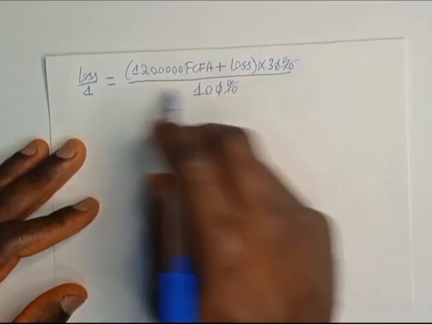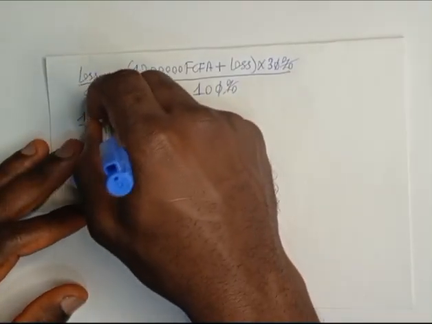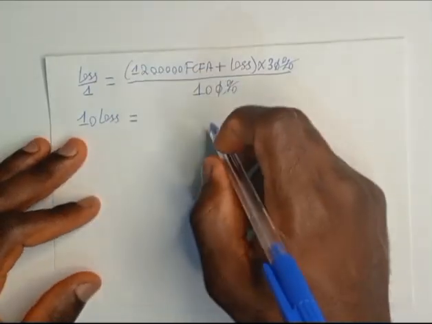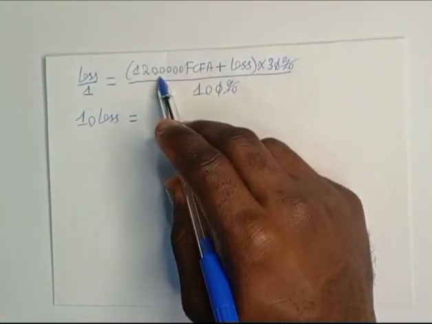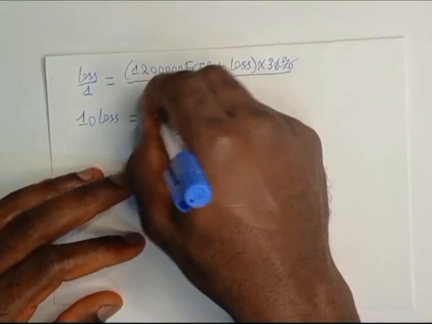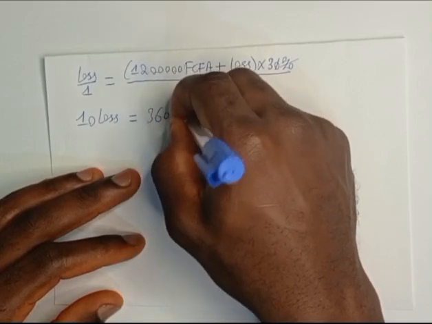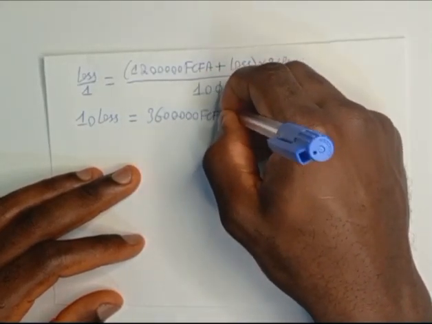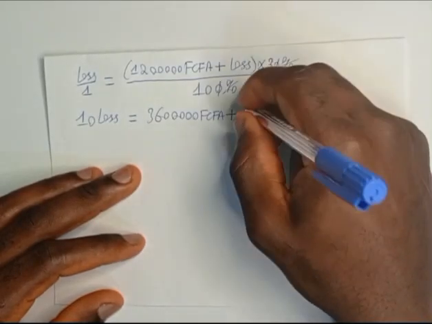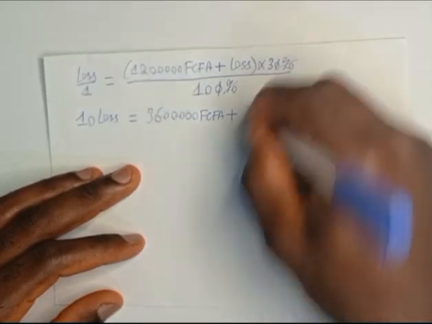Next, we are going to cross multiply. 10 times loss will give us 10 loss is equal to 1,200,000 times 3 gives us 3,600,000 francs CFA, plus the loss times 3 gives us 3 loss.